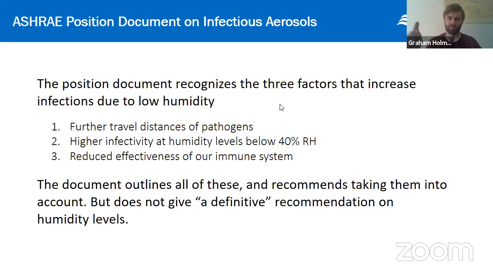We don't give a specific recommendation on how to control it, but you should take this into account while building your space. And third, they also recognize that there's a reduced effectiveness of our own immune system in dry air. So having all 3 of these is a huge step forward for ASHRAE.